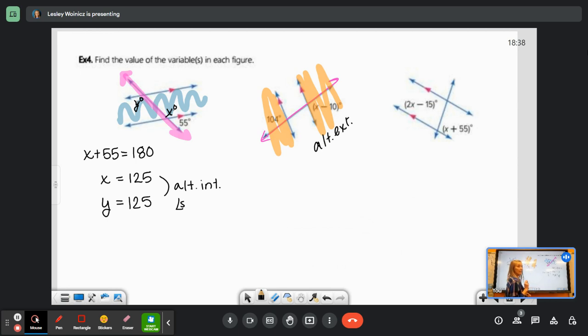And if they're alternate exteriors, they have to be congruent. So their angle measures have to be equal. So X minus 10 has to equal 104 degrees. So just add 10 to both sides and you get that X is 114.